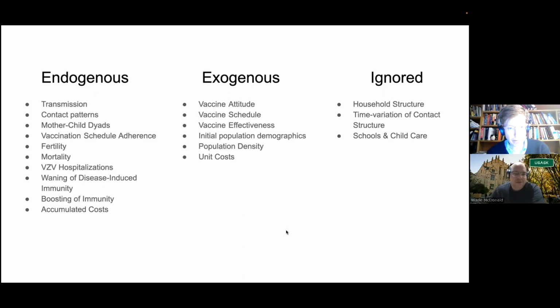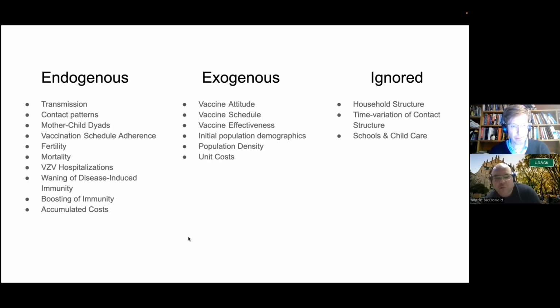Endogenously, we represent transmission, contact patterns, mother-child dyads, vaccination schedule adherence, fertility, mortality, hospitalizations due to VZV infections, waning of disease-induced immunity, boosting of immunity, and accumulated costs.